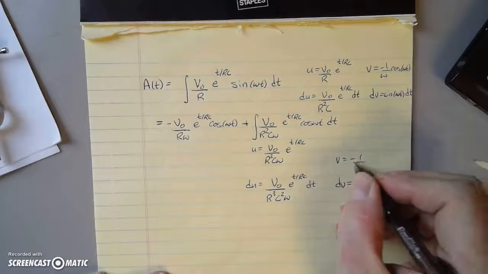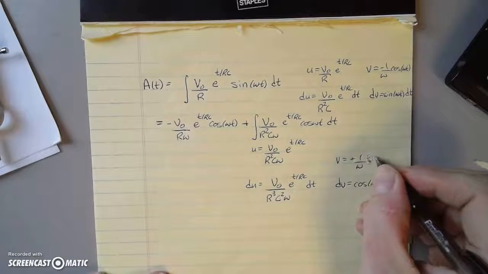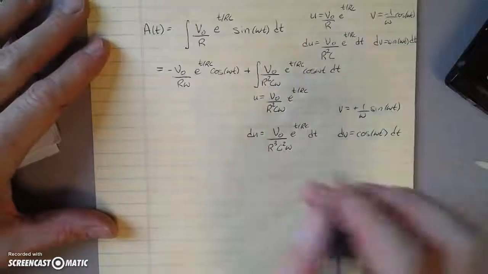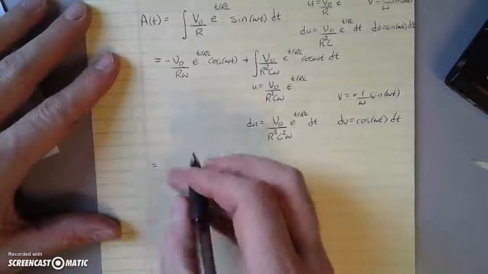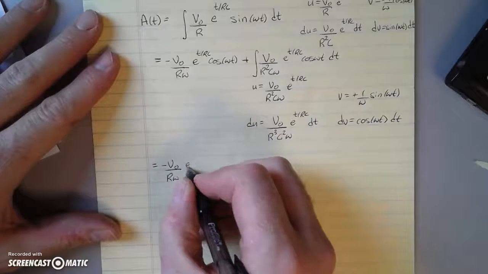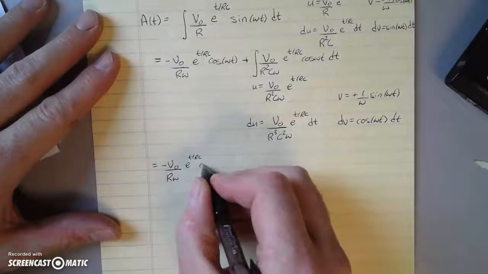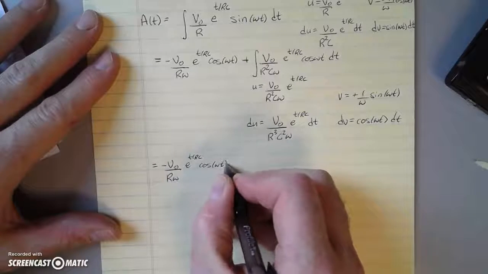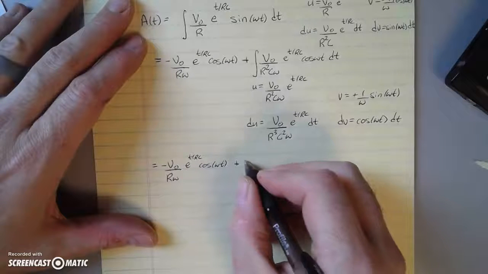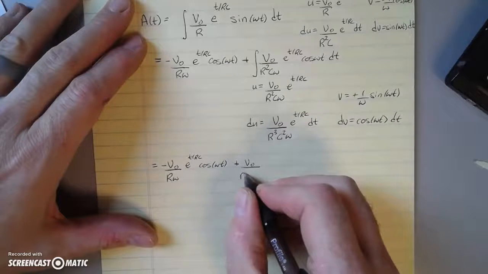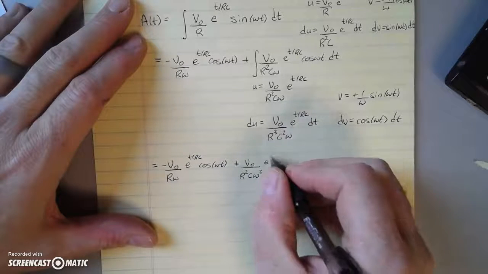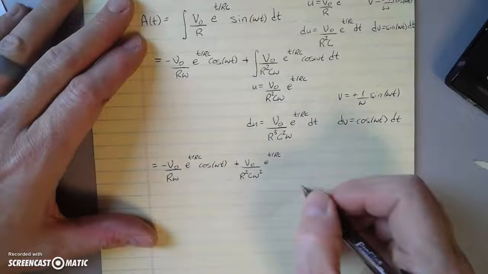So v is positive 1 over omega sine omega t. Put that together, and so we still have that first term with the cosine. And now our uv is going to be v naught over R squared C omega squared e to the t over RC.